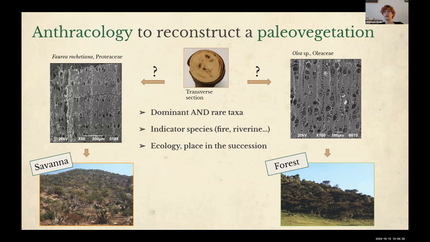They are promoted by fire. You can have also taxa that grows along the rivers, and you will also check the ecology, the place in the succession of the taxa you have identified. And thanks to all these hints, you will be able to reconstruct paleovegetation. So, for example, you will be able to say, do I have a savanna or do I have a forest?